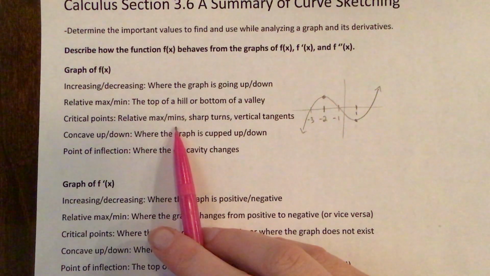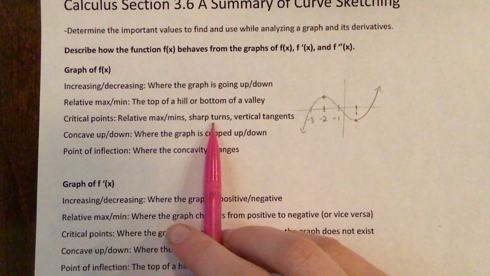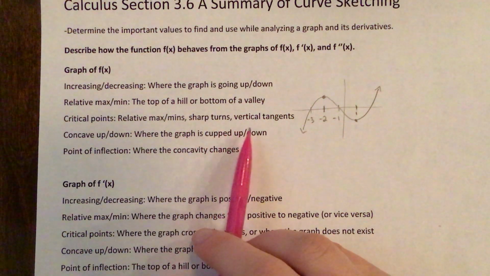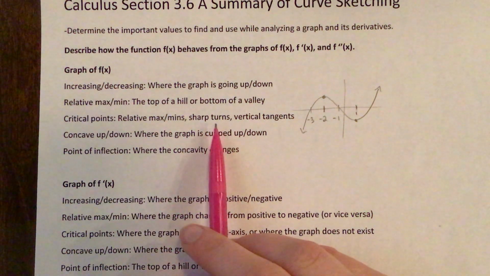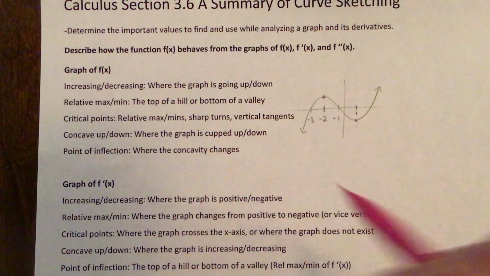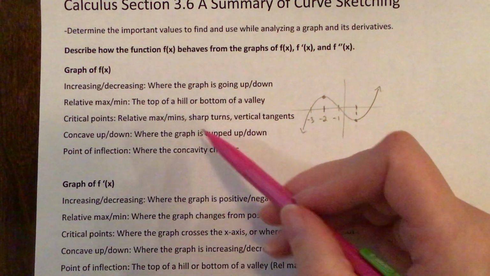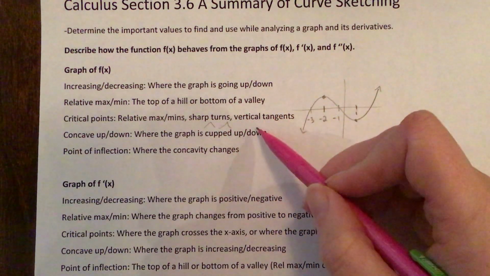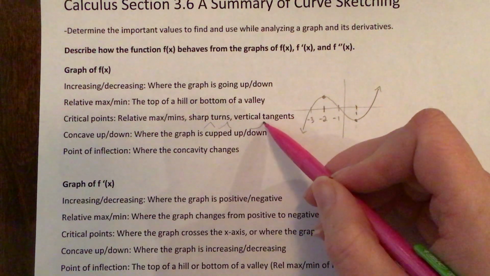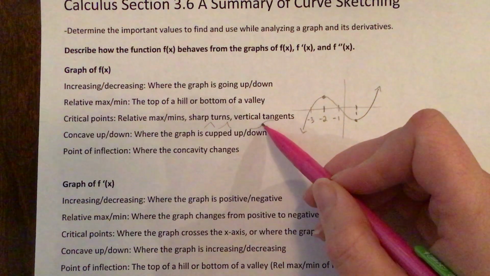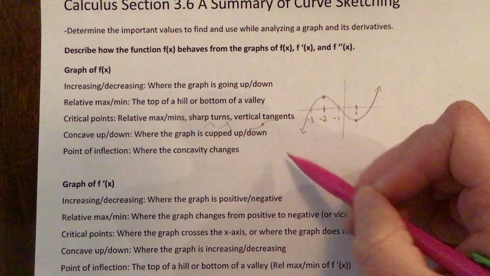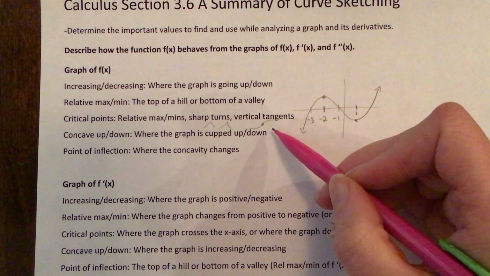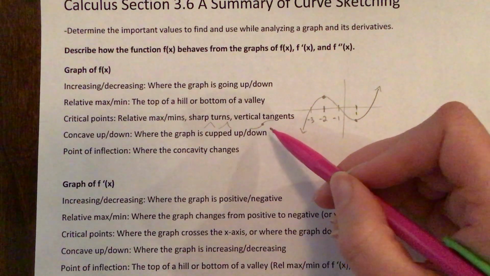But the slope of the tangent line would be 0 or undefined, something weird going on at that point. So you can have sharp turns like corners and cusps, or you could have vertical tangents, something like this. A vertical tangent would occur here, like the graph of y equals the cube root of x.